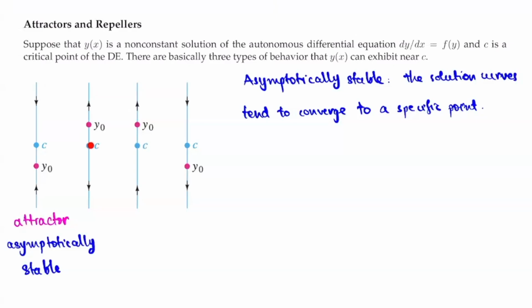Now, in the case where you have a critical point and all the arrows are pointing away from the point, it is called the repeller. When you have the repeller, you can classify the point as an unstable equilibrium point.